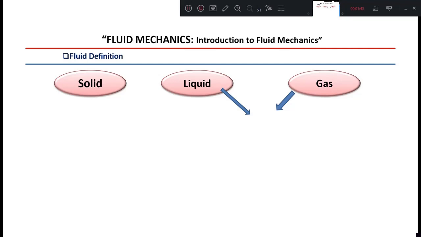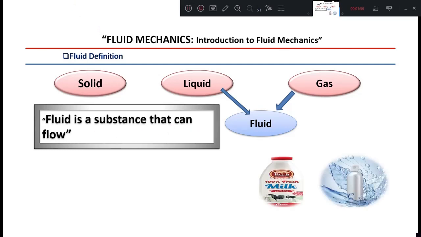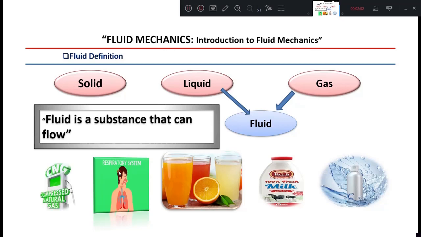Since we said that a fluid is a substance that can flow, for example, water, milk, fruit juice, the oxygen that we breathe in, CNG gas, and many more.